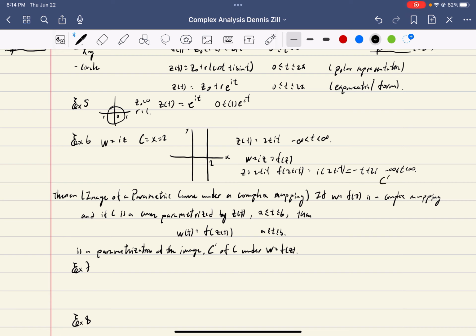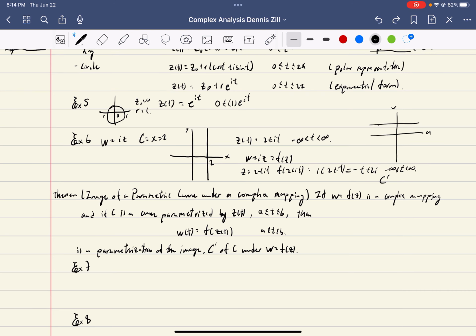So really, if you would map it, with u, v restricted, that is 2i, that's over here, and this is negative t to positive t, so that is this line, v equals 2 there.